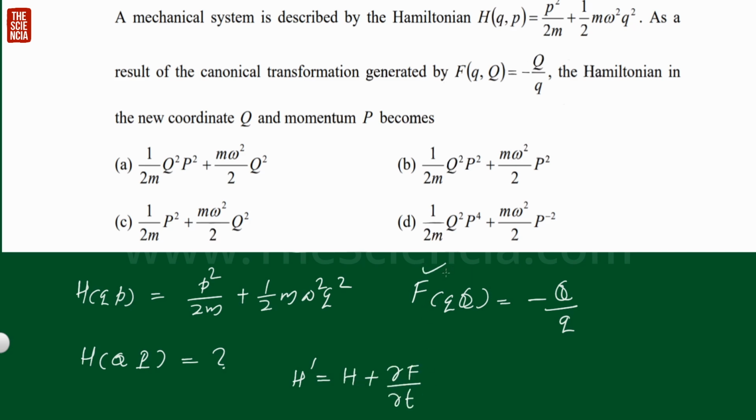See, in this generating function there is no time coordinate, so this term will definitely be equal to 0. So here H prime is equal to H.